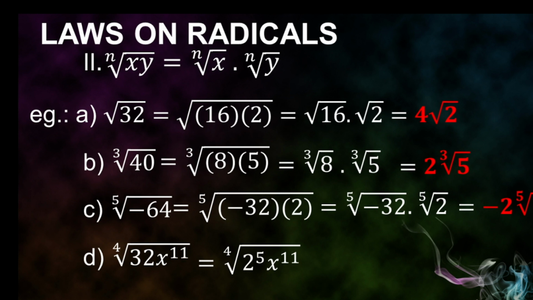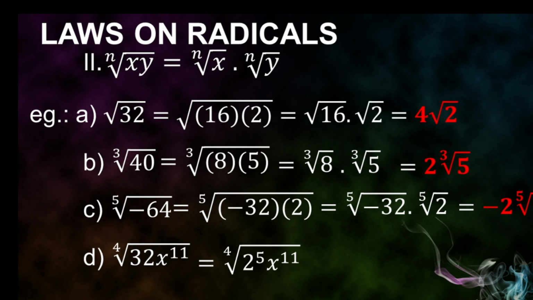So how are we going to do that? First, we need to find the greatest multiple of the index. So for the numerical coefficient 2 raised to 5, the greatest multiple of 4 that we can derive from 5 is 4.